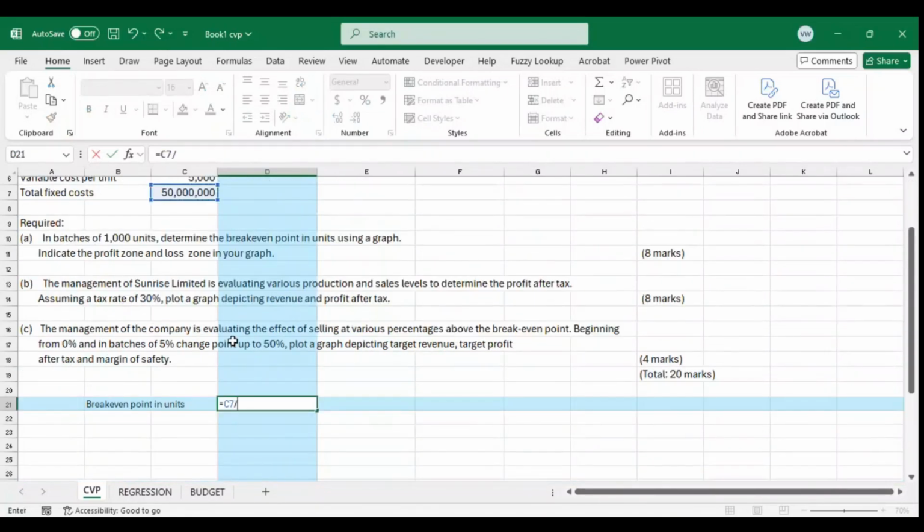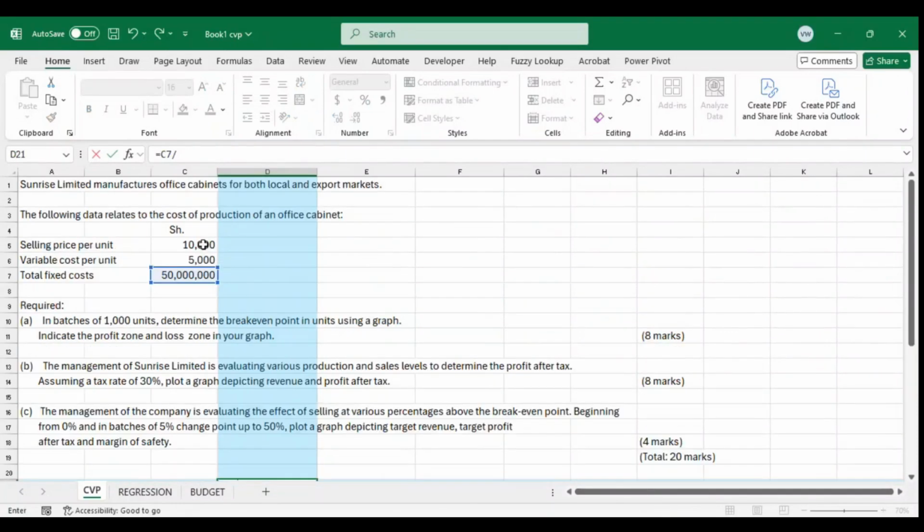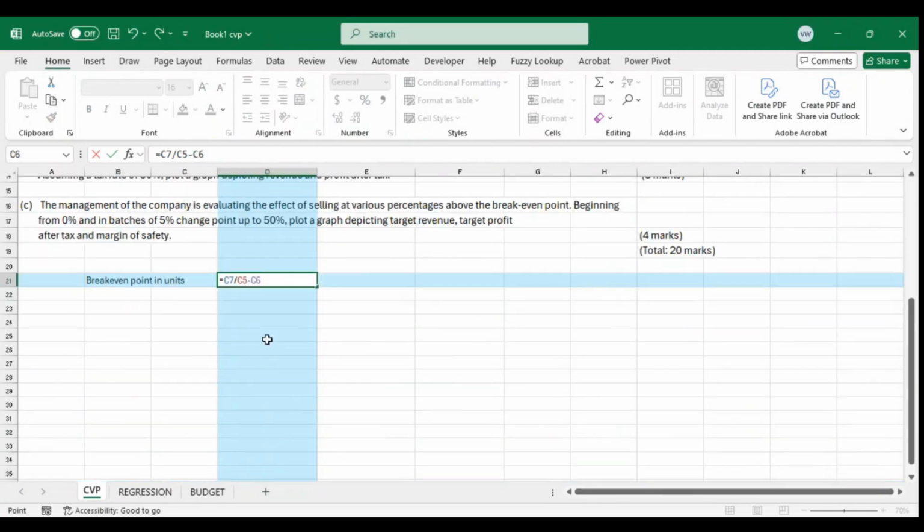I divide by the unit selling price minus the unit variable cost. And just to be sure, sometimes when you use this approach, it can give you confusing results. It is always safer to use brackets so that you are 100% certain, just for the sake of accuracy.